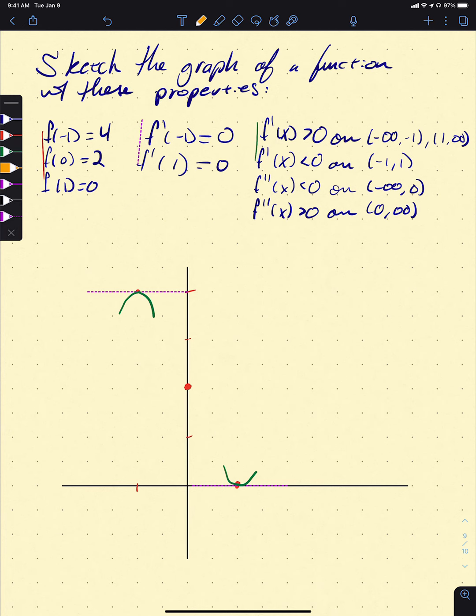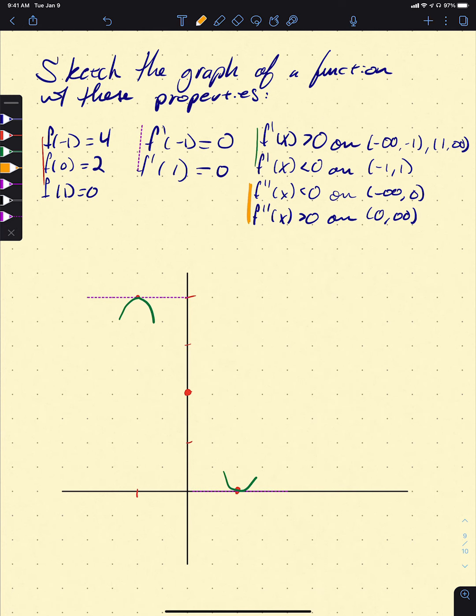Okay, well, what else do we know? As we draw our attention to here, let's look at something. On the negative interval, we're concave down. On the positive interval, we're concave up, right? So that means that we have a point of inflection here, right? Further, back from this green area, we know that we're decreasing here and increasing here, right? So with that information, we can reason through filling in the rest.